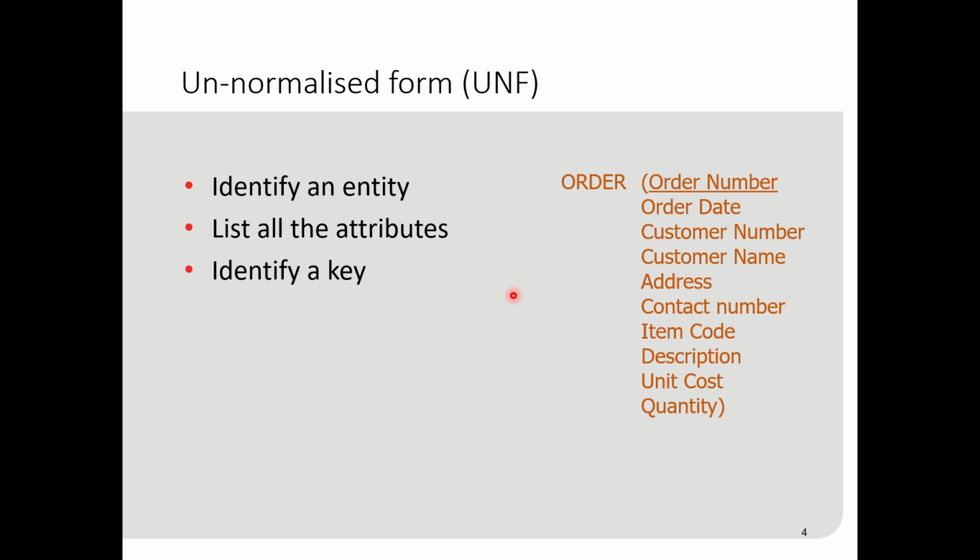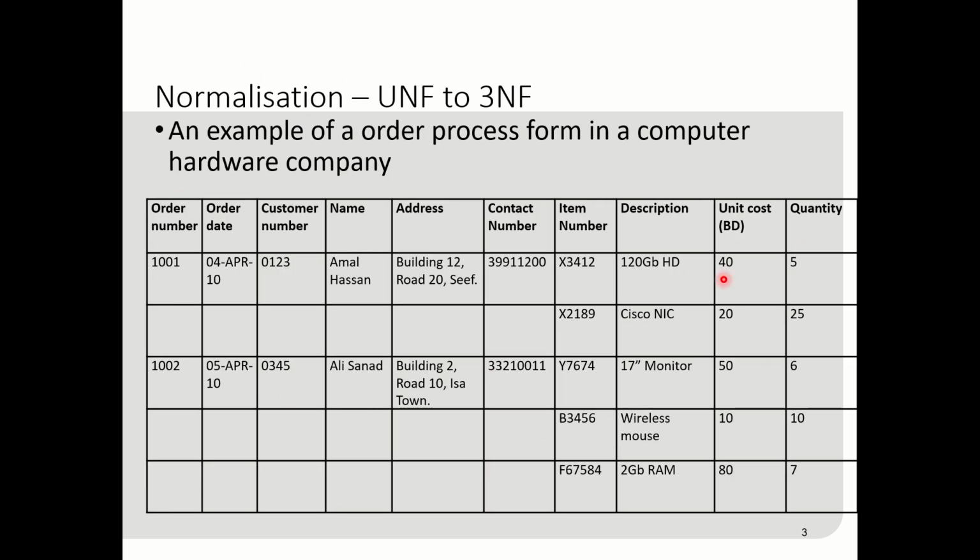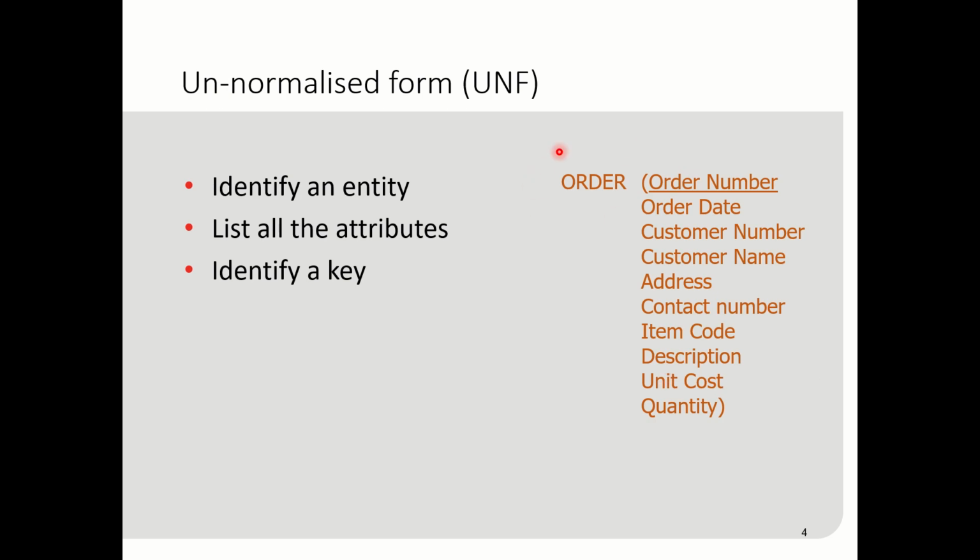So whenever you get an unnormalized table, the first thing is to identify the entity, since this is all related to an order entity, so I'm giving it a name, then identifying all the attributes, then identifying the key. This is the first step.